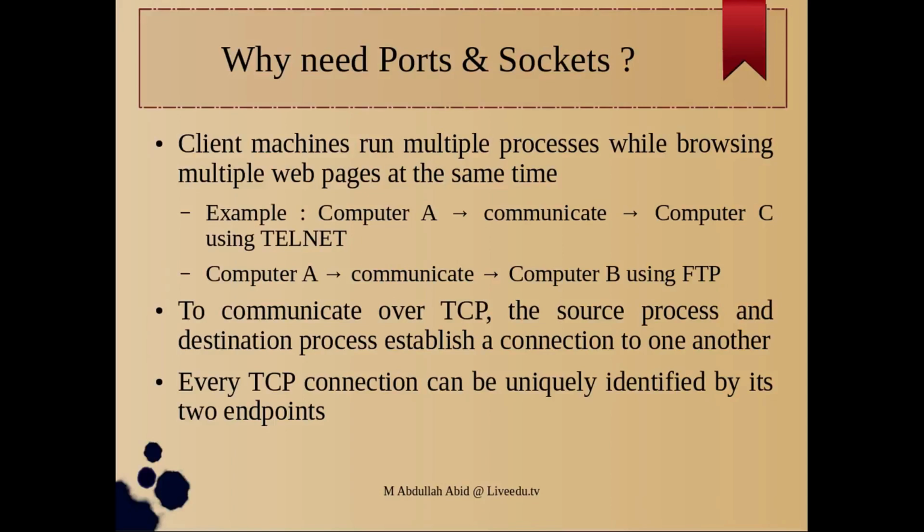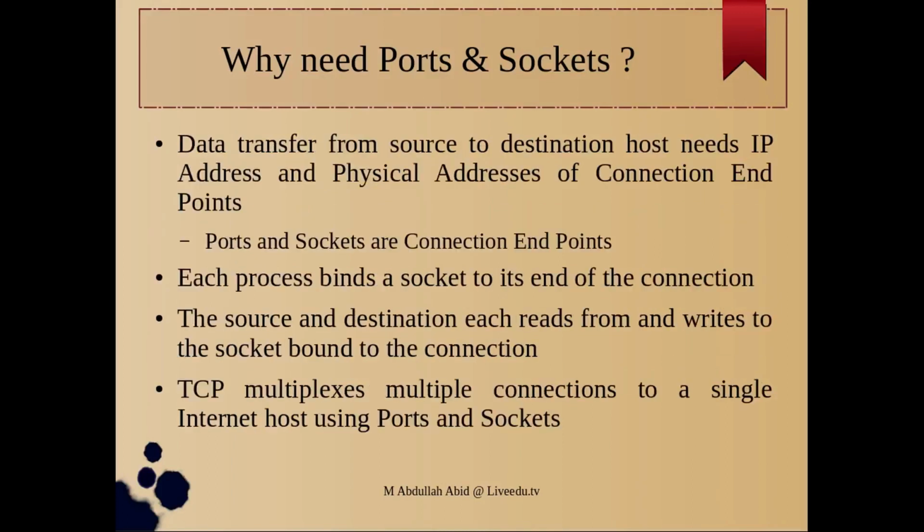If we are browsing with HTTPS, we will use port number 443. Similarly, telnet will use port number 21. So when we are communicating over the network using TCP or UDP, and both protocols work on the transport layer, we require an identifier that is a port number.